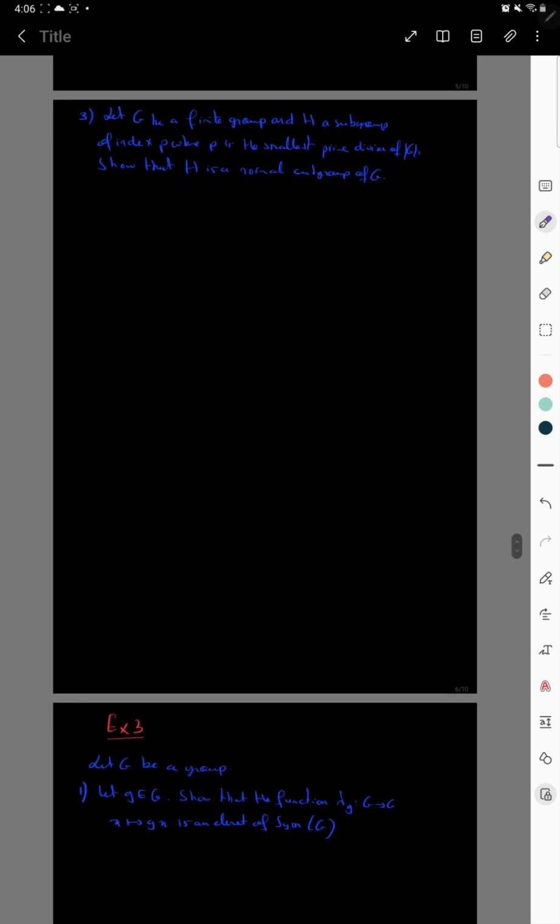Let G be a finite group and H a subgroup of G of index p, where p is the smallest prime divisor of |G|.